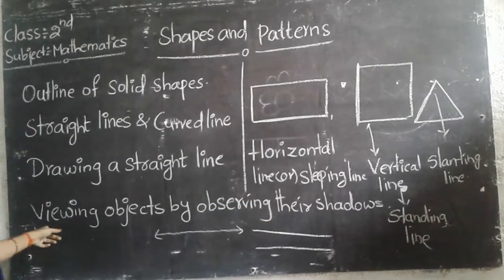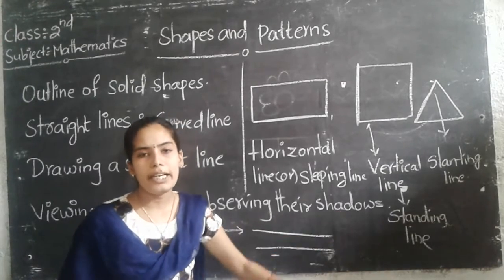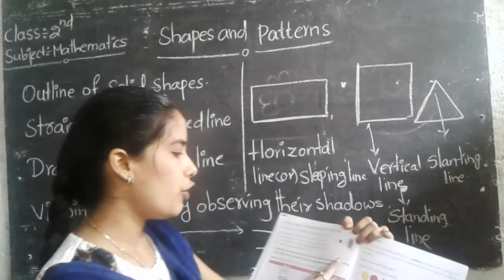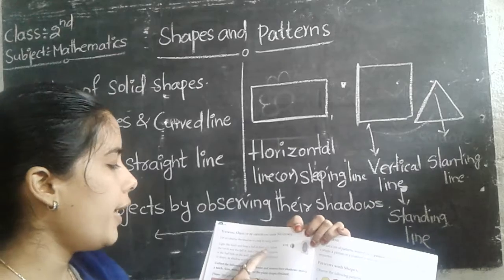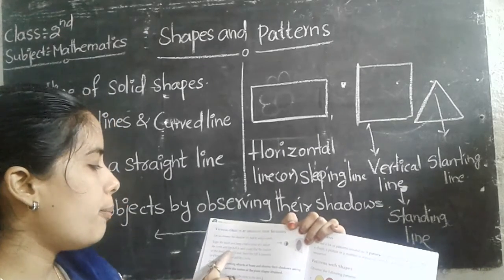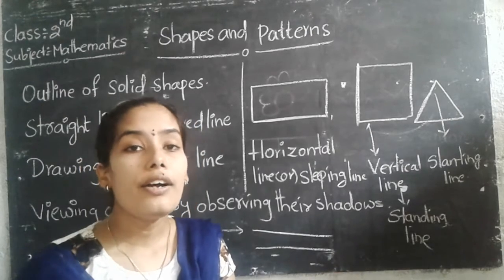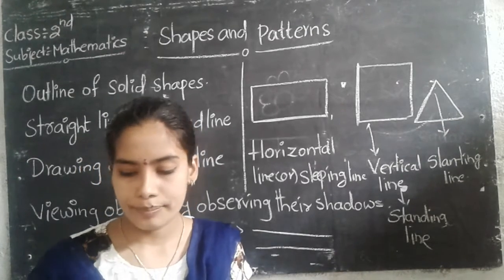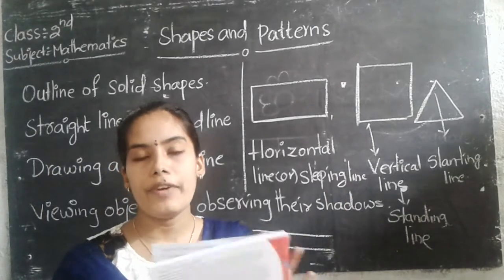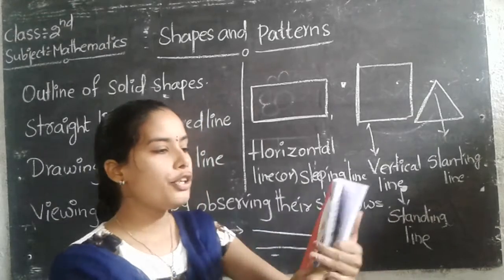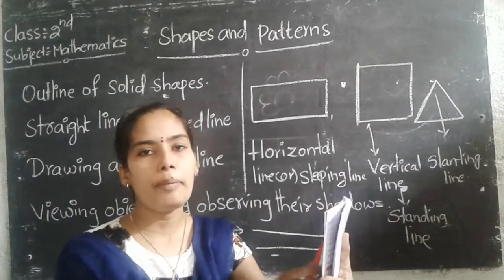And the next one, viewing the objects by observing their shadows. What is the meaning of this? Children, once you have to observe. Light the torch and keep a ball in front of it. Adjust the torch and the ball in such a way that the shadow of the ball is on the wall. If you want to know about the shadow of a given object, first you place the plane shape or solid shape you have taken.